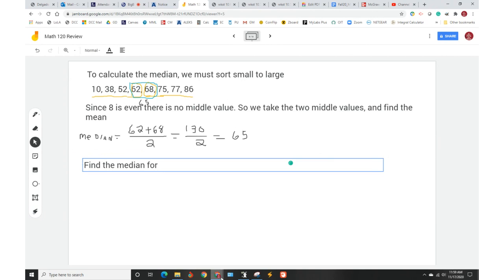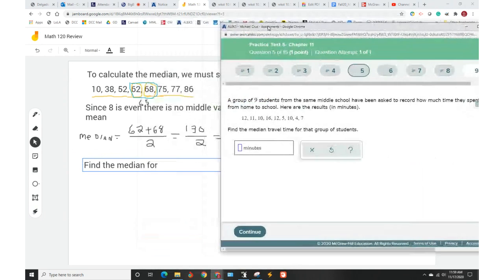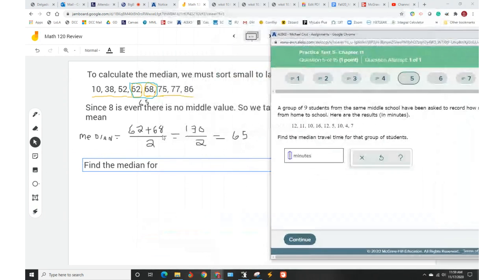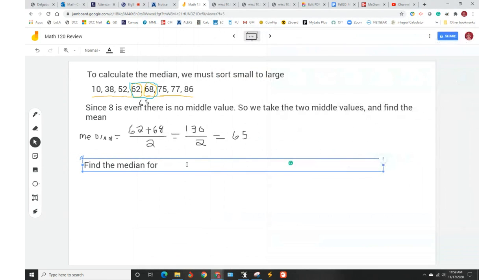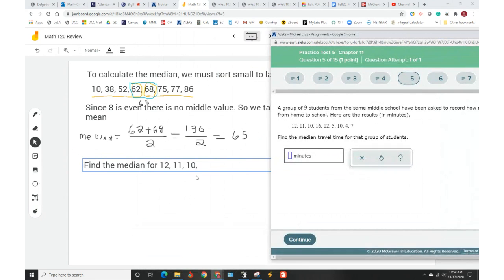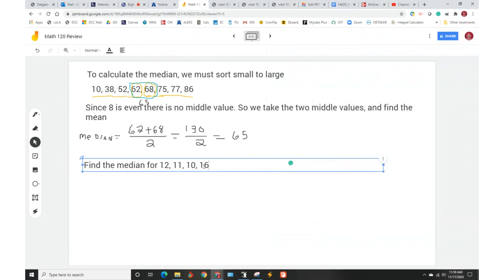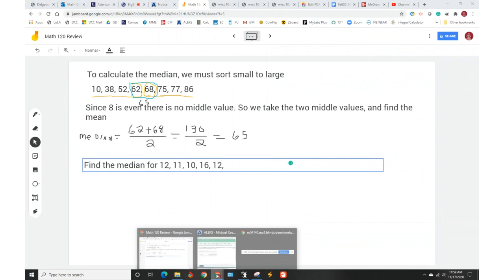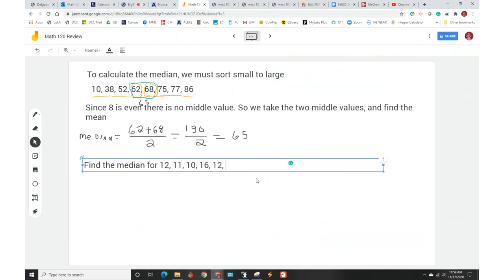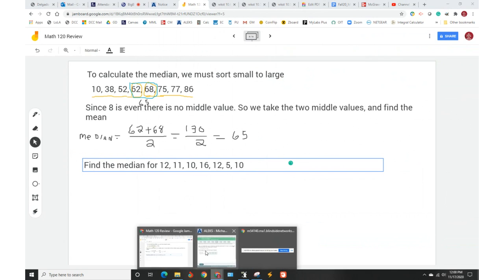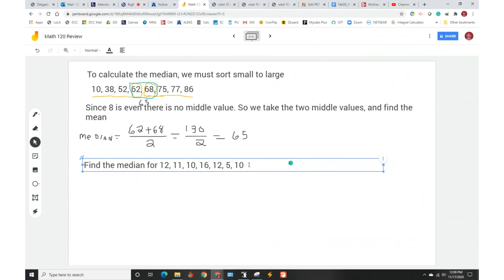All right, so $12, $11, $10. All right, so let's just make sure I got them.